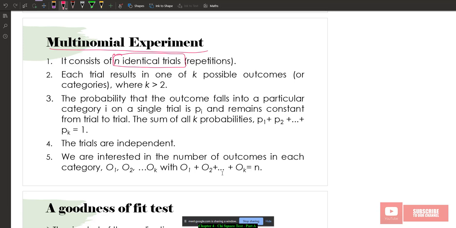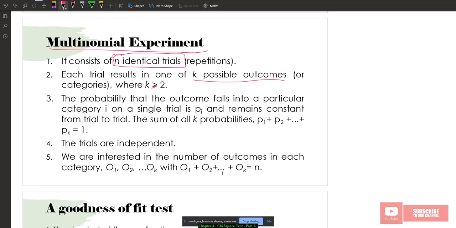In multinomial, each trial results in one of k possible outcomes, which means categorical data, so you should have 2 or more outcomes.